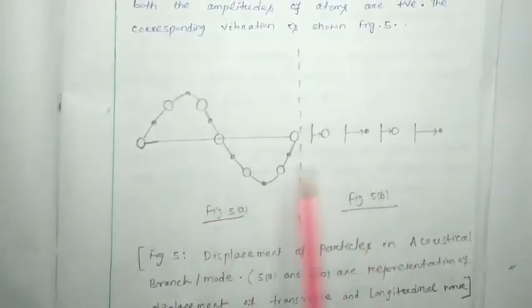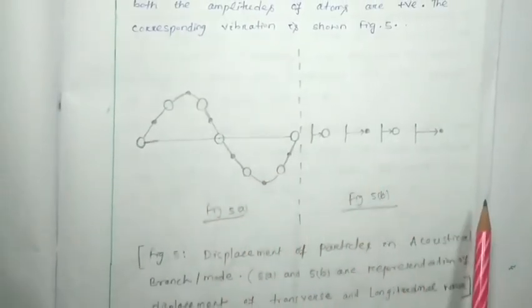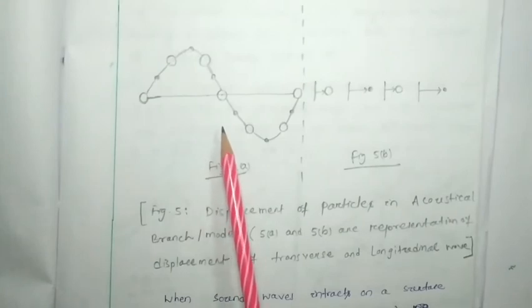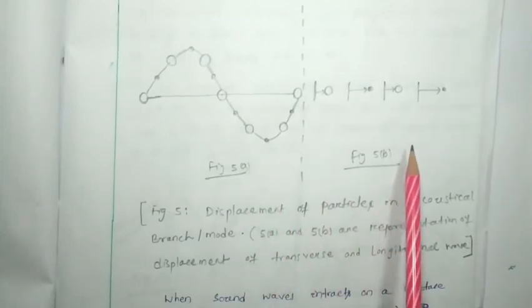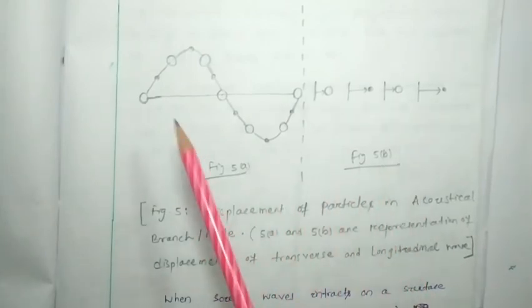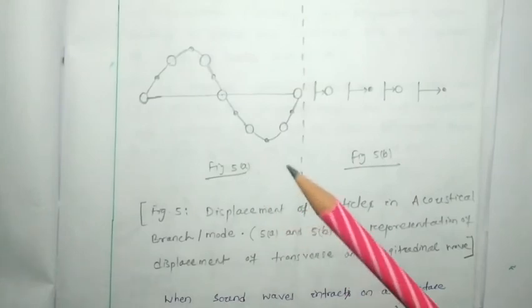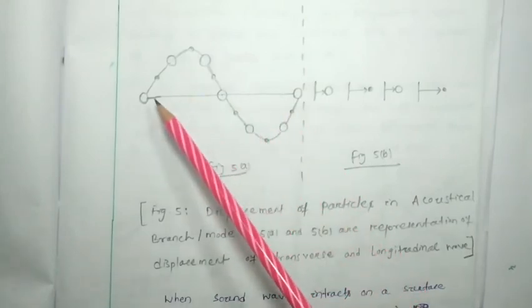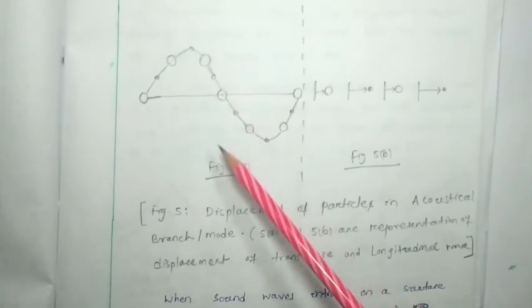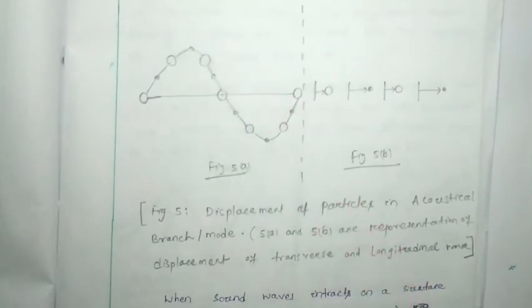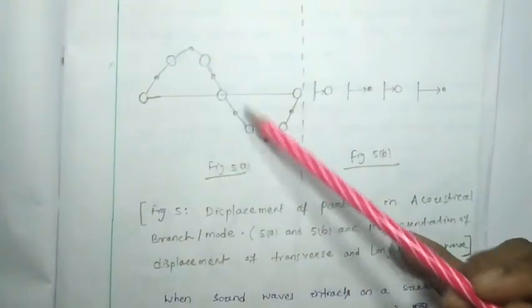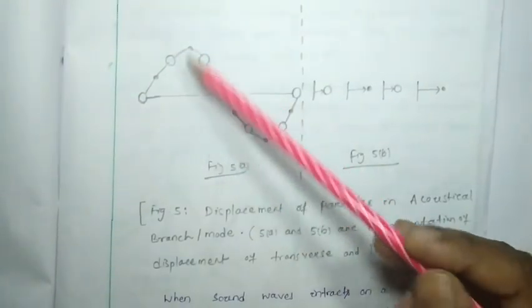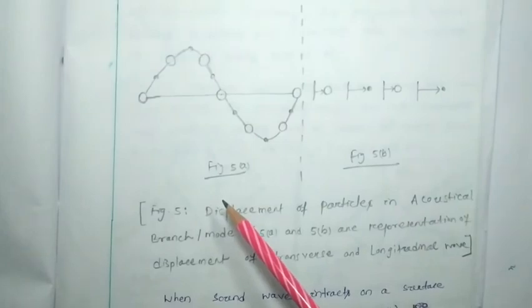Both have the same meaning, but the representation is different. 5a is represented in the transverse manner, and this is the longitudinal manner. And you can see that both atoms are moving in the same direction. Smaller mass and larger mass both are moving in the same direction.